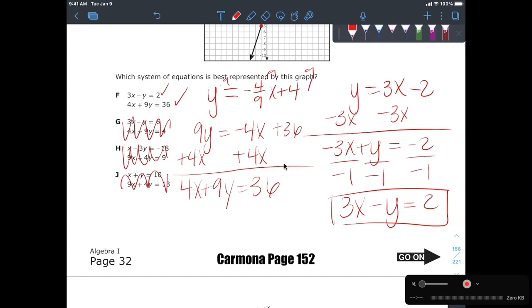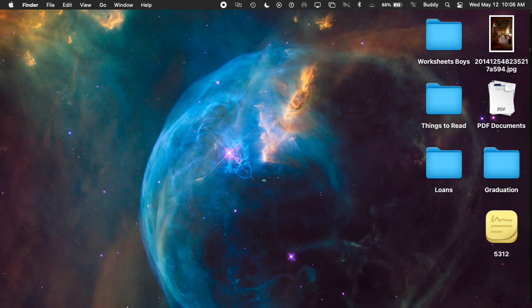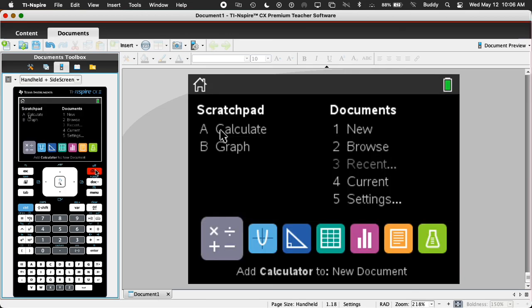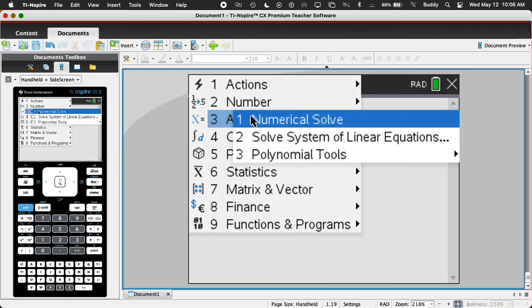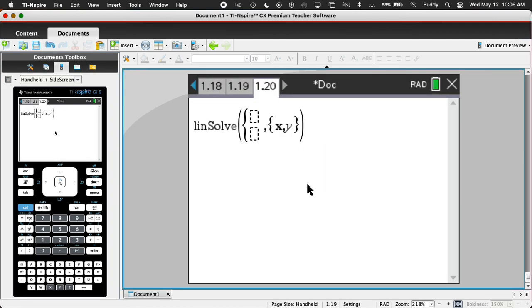Now, of course, I want to verify this and just make sure that these guys are the same. Let's make sure we did all of our math correctly. Where did my calculator go? There we go. So I'm going to head over here, and I'm going to start a new LinSolve. So I'll go ahead and put in that first equation.